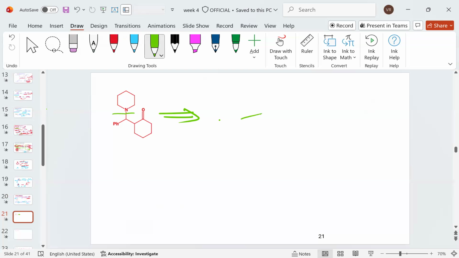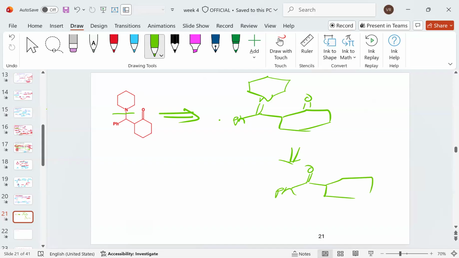As we've seen in some examples, we can do this synthesis from this imine, and it can be like this. This imine is obviously achieved from this ketone plus this amine, forming a six-membered ring, right?